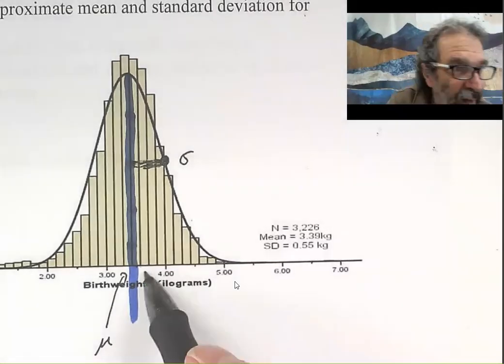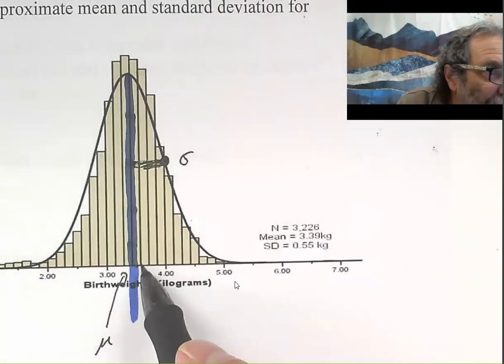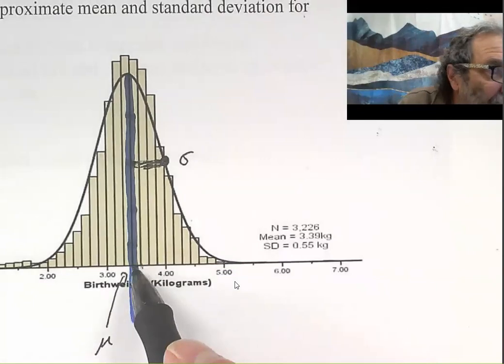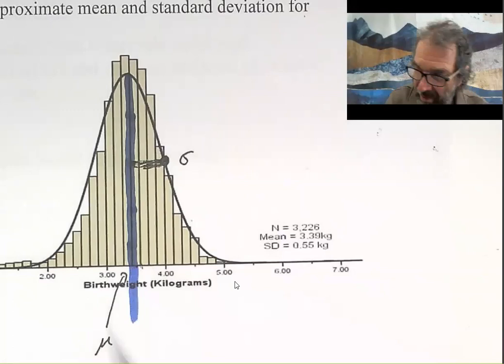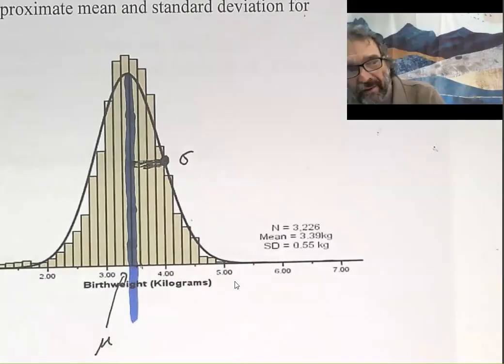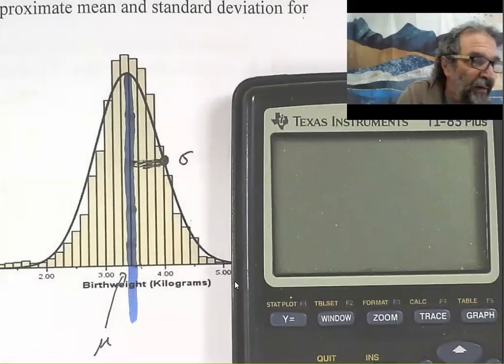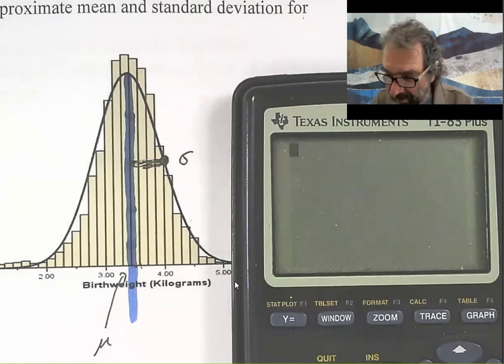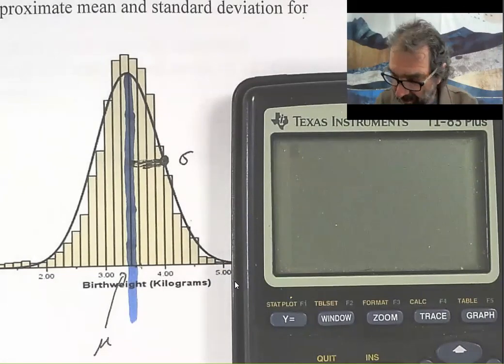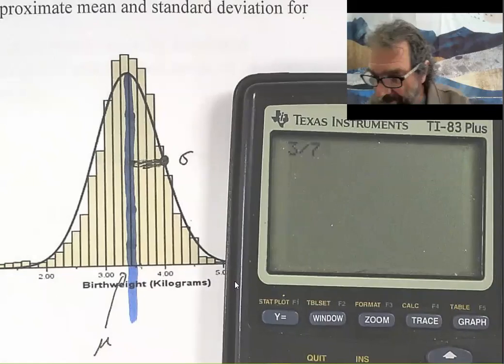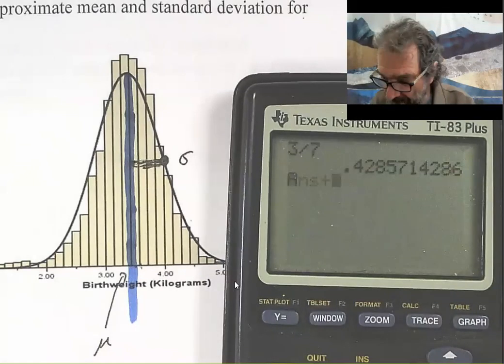We're about right around here, 3/7 of the way over. Okay, so that distance is 1. So I'm going to go 3/7, 3 divided by 7 like that, and then add 1 to it, like that.